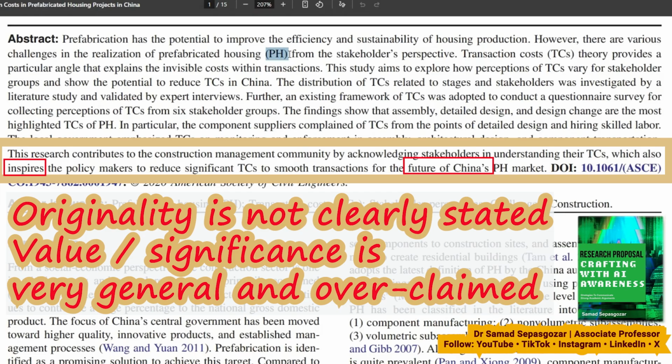Originality is not clearly stated. The value or significance is general and overclaimed. The abstract says the work inspired policymakers to reduce significant TS, but it's not clear how it inspires and which part of the findings really inspires them.